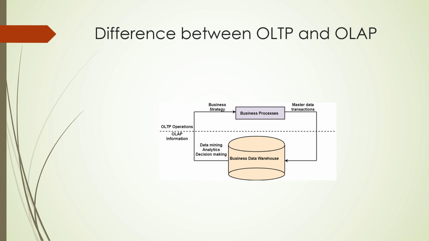Then discussing the design, transaction processing database operations are designed to be application oriented, whereas analytical processing operations are designed to be subject oriented. The OLTP system views the enterprise record as a collection of tables, whereas the OLAP operation views the enterprise information as multi-dimensional. Then the data: the OLTP system usually deals only with the current state of the data.